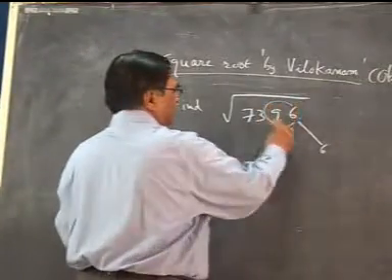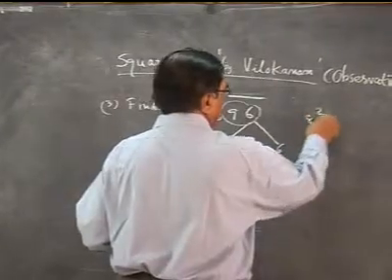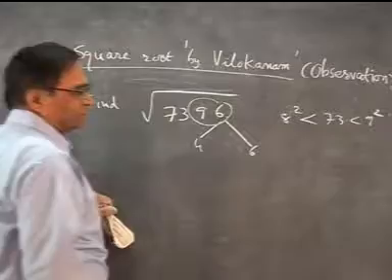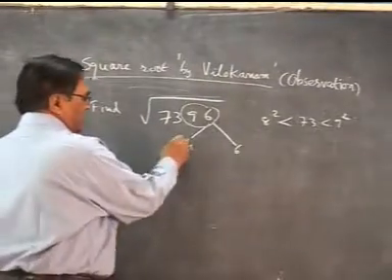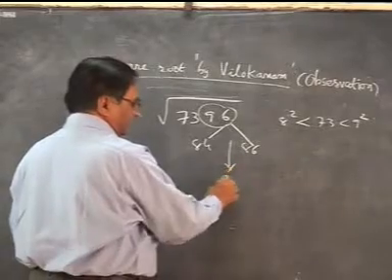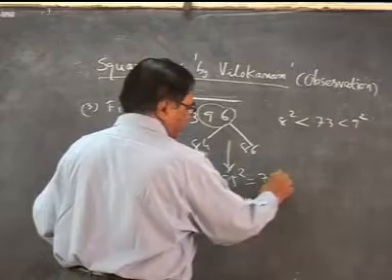Remove the last two digits. You can say 8 square is less than 73, less than 9 square. Adjust 8 before 2, we are getting the 2 digits. Between the two there is 85. Find its square, 7225.